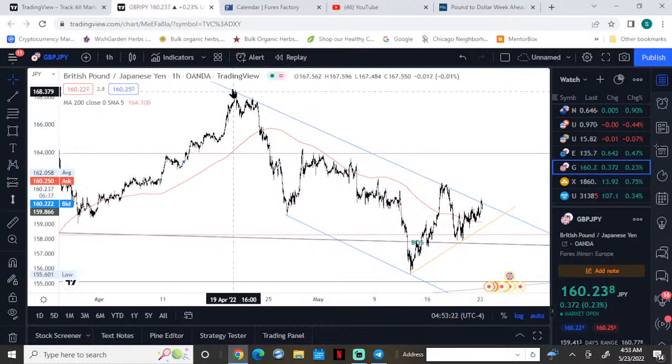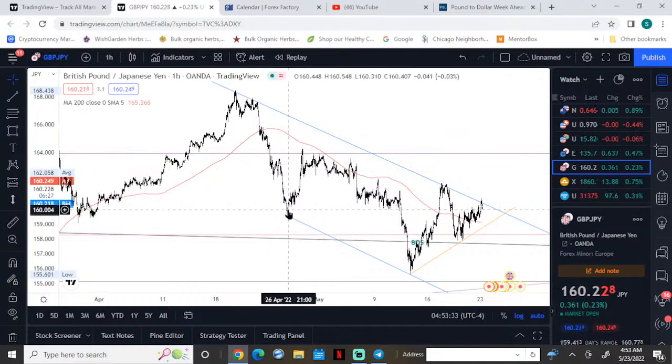Okay. So we got our high, low, lower high, lower low, lower low, lower high, lower low, lower high. Technically broke structure right here, but did not hold. It played around.